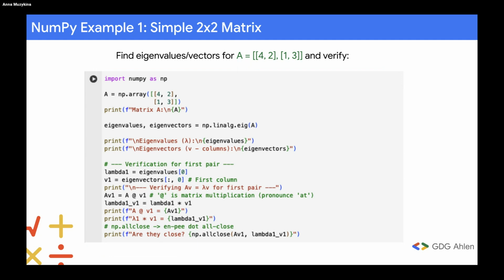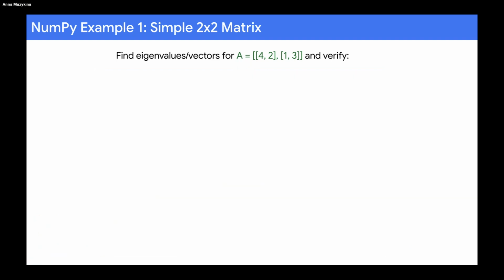We calculate A at V first, using the at symbol for matrix multiplication. We also calculate lambda first times V1, scalar multiplication.